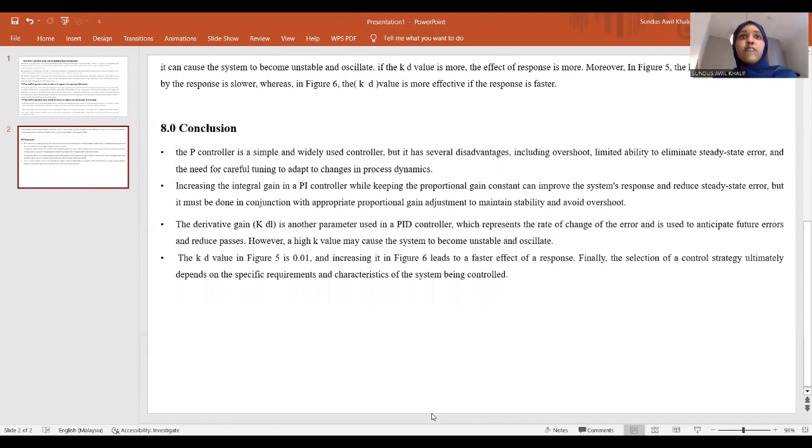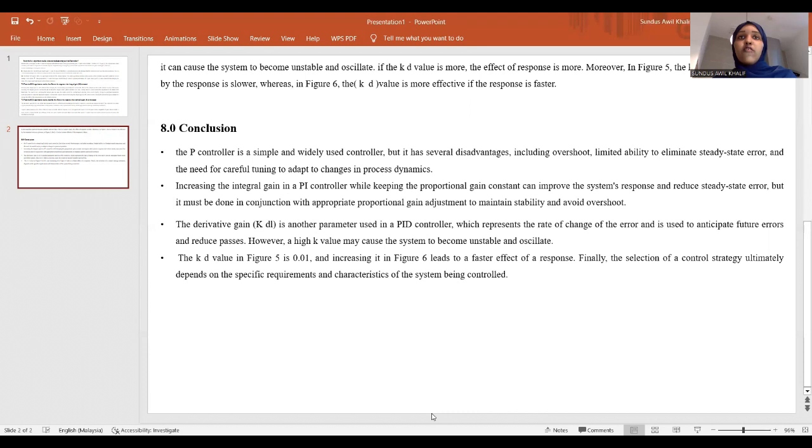Increasing the integral gain in a PID controller while keeping the proportional gain constant can improve the system response and reduce the steady state errors, but it must be done in conjunction with appropriate proportional gain adjustments to avoid overshoot. The derivative gain KD is another parameter used in the PID controller, which represents the rate of change of the errors and is used to anticipate future errors and reduce them.